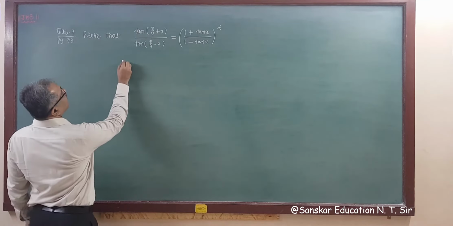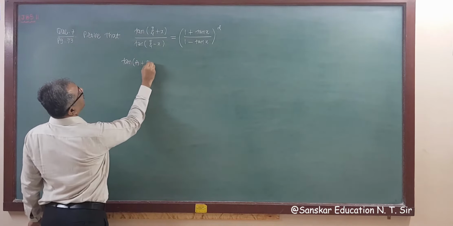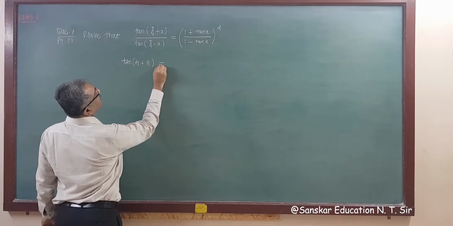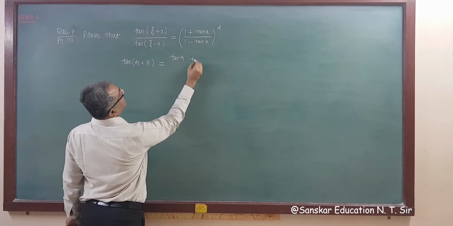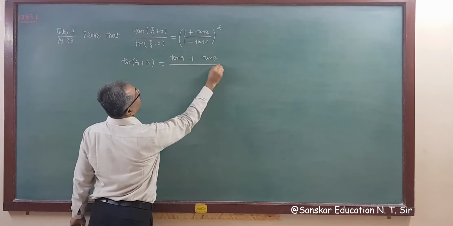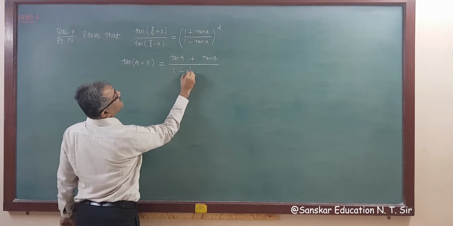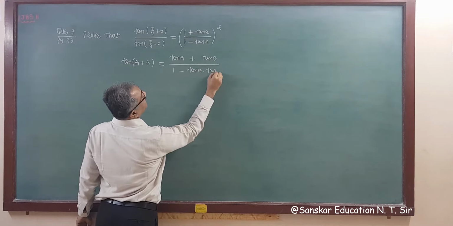So, we have the formula tan(a + b) is (tan a + tan b) whole upon 1 minus tan a tan b.